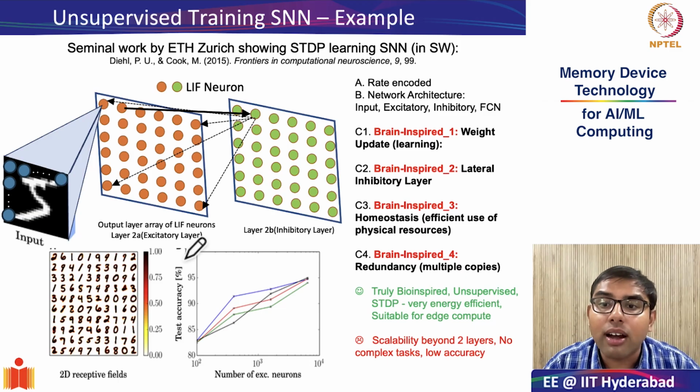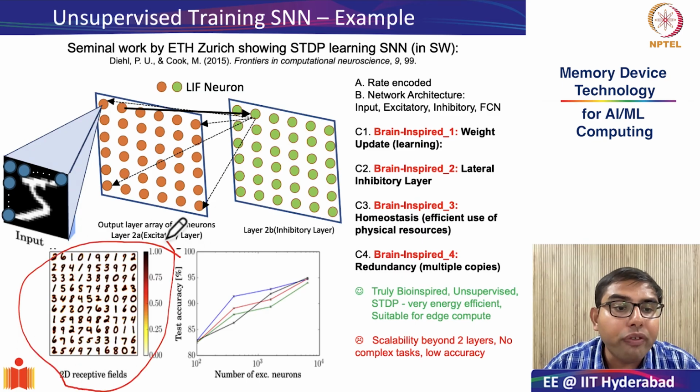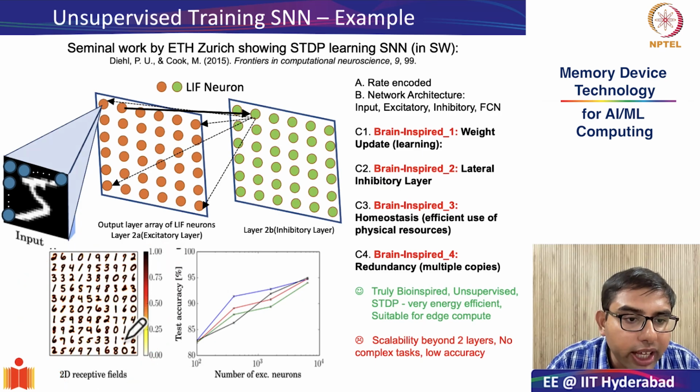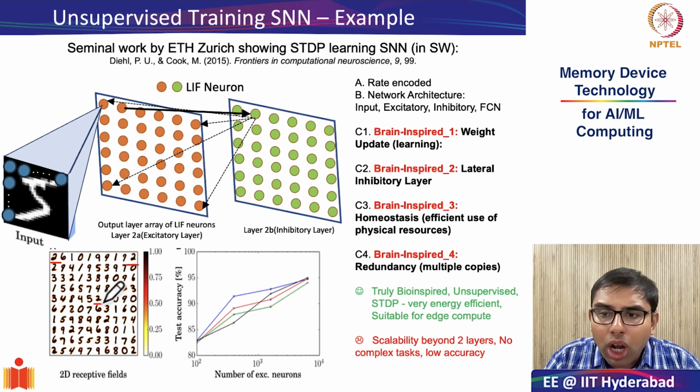In this particular work, the same idea is reflected by the concept of 2D receptive fields. As you can see from these 2D receptive fields, the numeral 2 in its different manifestations is getting mapped to several neurons, all having a little bit of variation.